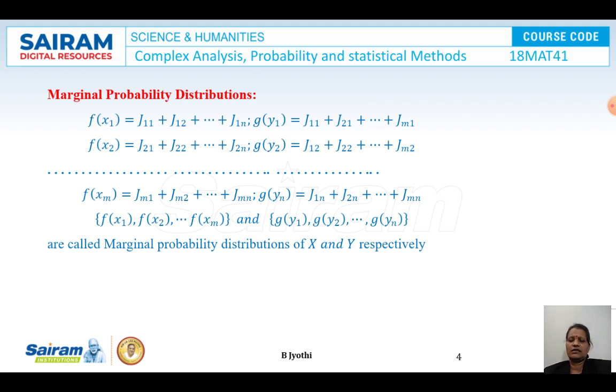Next, f(x1), f(x2), f(xm), and g(y1), g(y2), g(yn) are called the marginal probability distributions of x and y respectively.